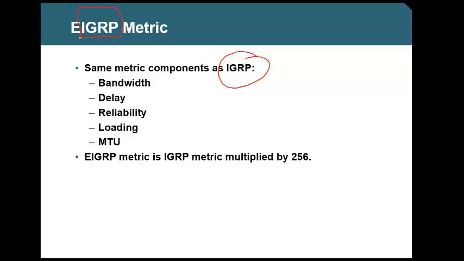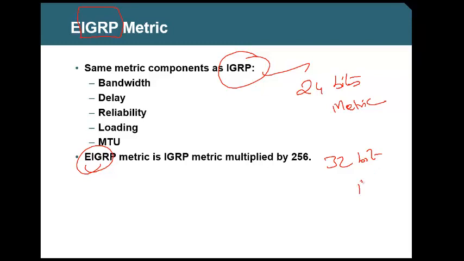Yes, Cisco initially came up with IGRP. IGRP uses 24 bits for metric calculation, whereas EIGRP uses 32-bit for metric calculation.